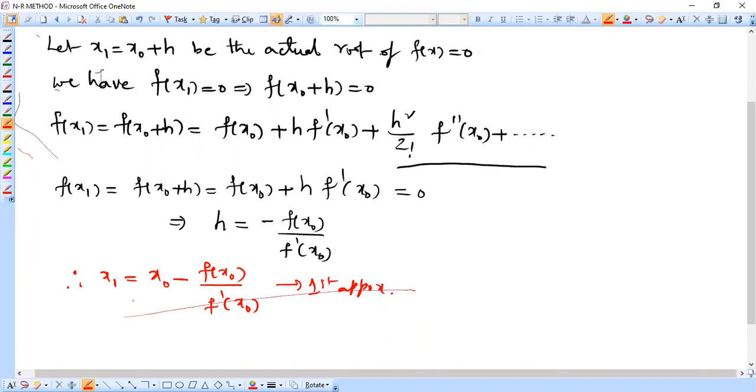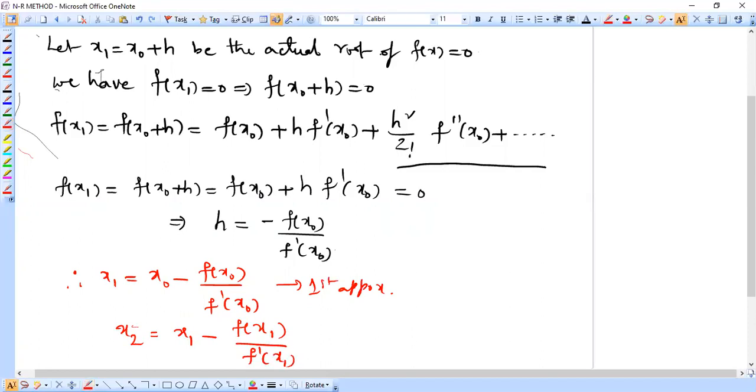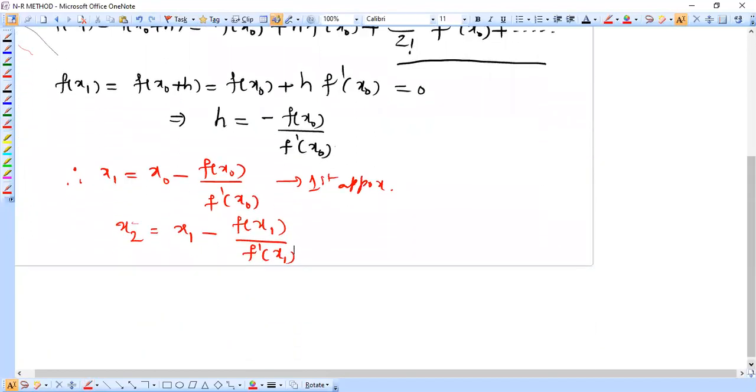Now like this, we will continue, and we have the second approximation. It is given by x2 is equal to x1 minus f of x1 by f dash of x1. This is the second approximation to the root.